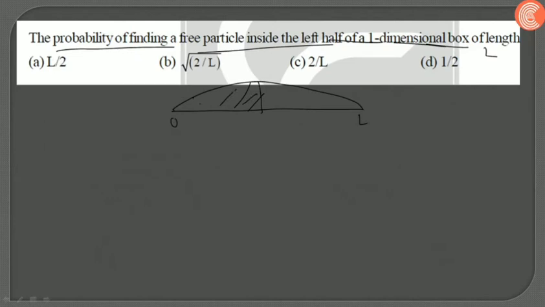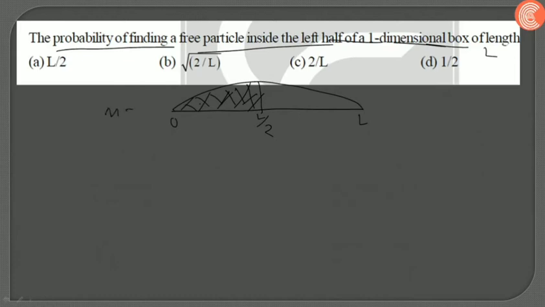This is the left half and this is the right half. So they have asked about the probability of finding the electron in the left-hand side region.